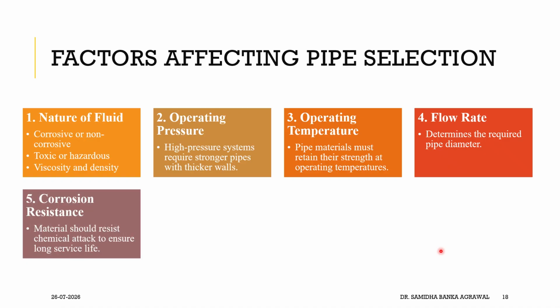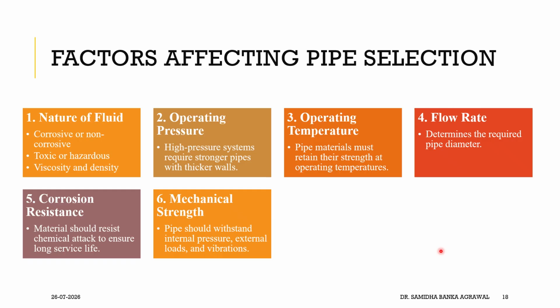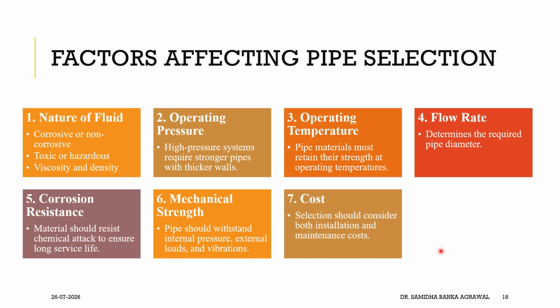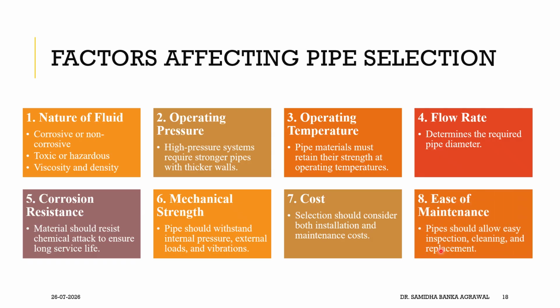Corrosion resistance: materials should resist chemical attack to ensure long service life. Pipe should withstand internal pressure, external loads, and vibrations. The selection should consider both installation and maintenance cost. And lastly, pipe should allow easy inspection, cleaning, and replacement. So these are the various factors that we consider for pipe selection.